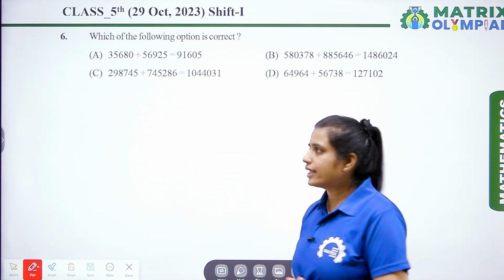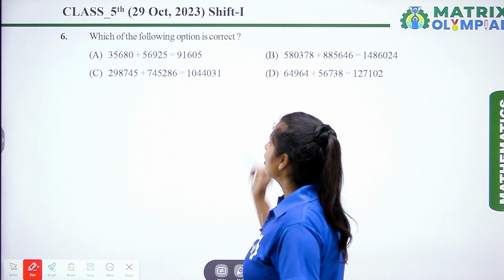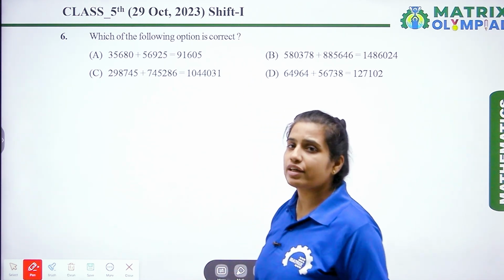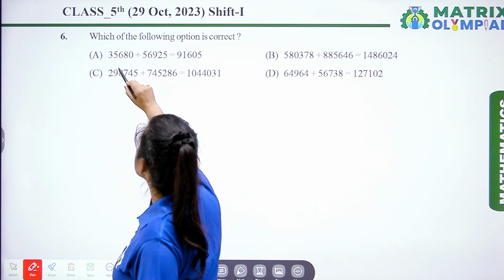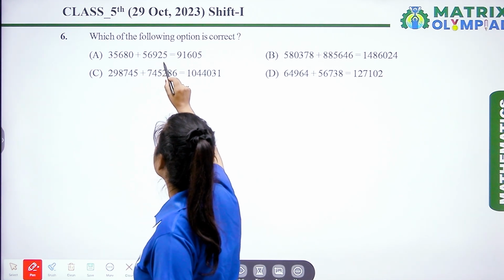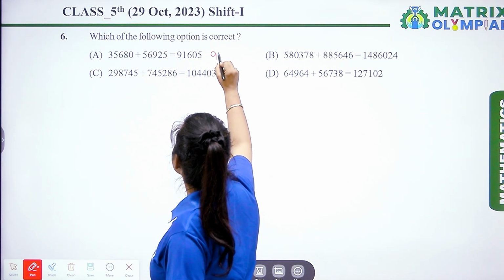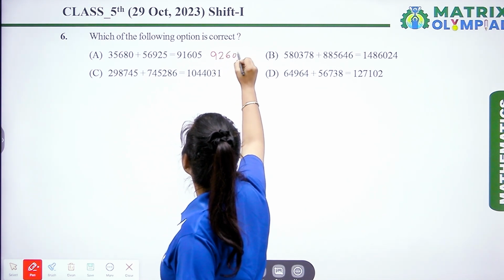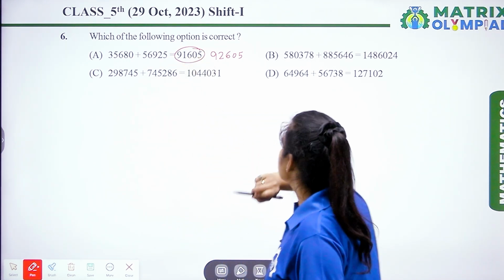Now let's start the next question. Next question is, which of the following option is correct? Now we have to find out the correct option. So here in option 1, we have to add this both the terms. Here 35,680 plus 56,925 gives us 92,605. So here the answer is incorrect.